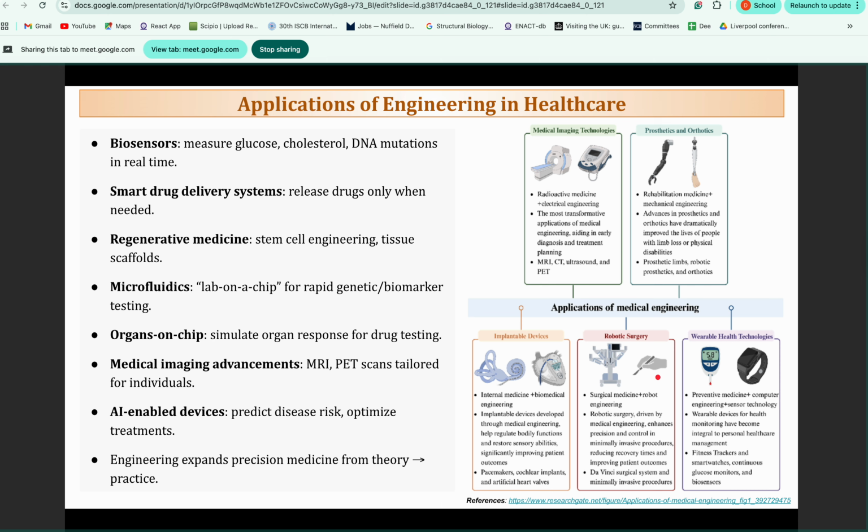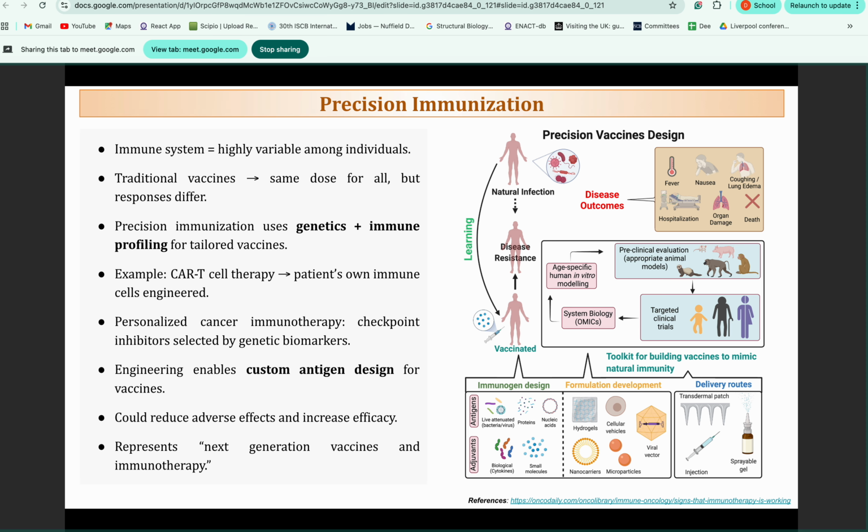All these things which are used also come under advancement of engineering. And then wearable healthcare, which we have seen: smart watches or glucometers which check the amount of glucose in your blood. Glucose monitors, smart watches, and fitness trackers come under biosensors. This is how all these advancements have helped us move one step closer towards personalized therapy.